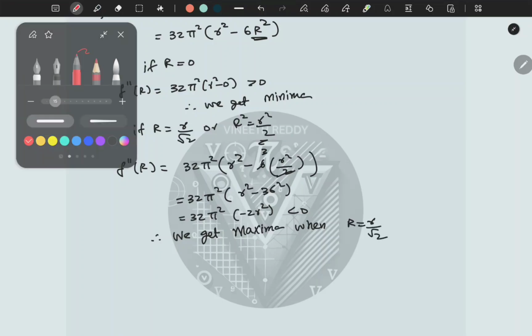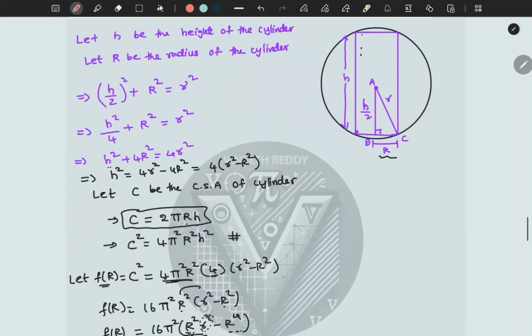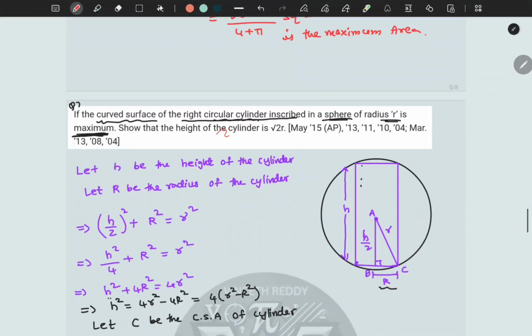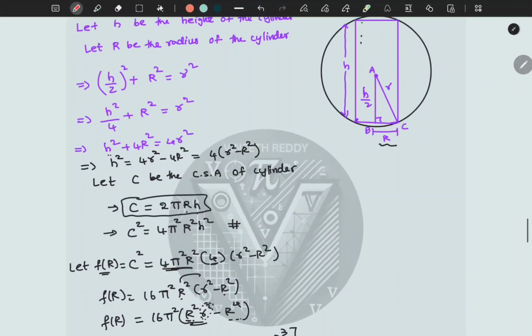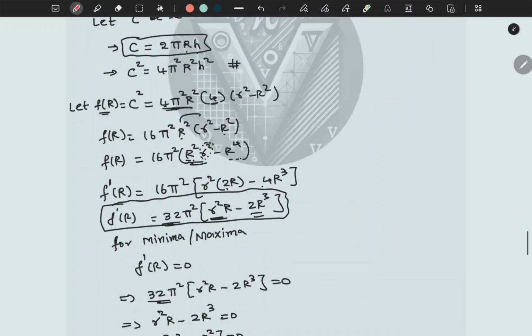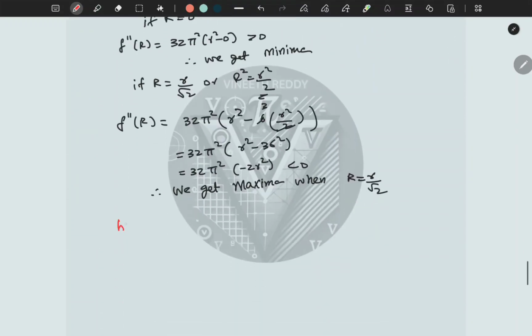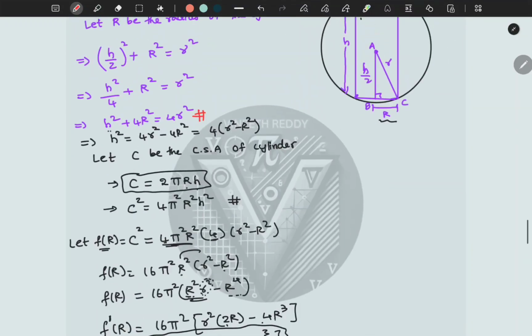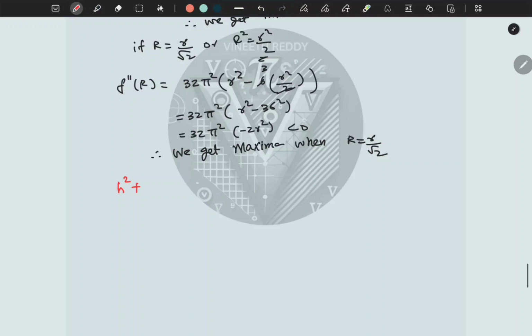Now, we want to show that the height of the cylinder is root 2r. So for that, we will be using this expression. We have h square plus 4 capital R square is equals to 4 small r square, right? Capital R square is small r square divided by 2.